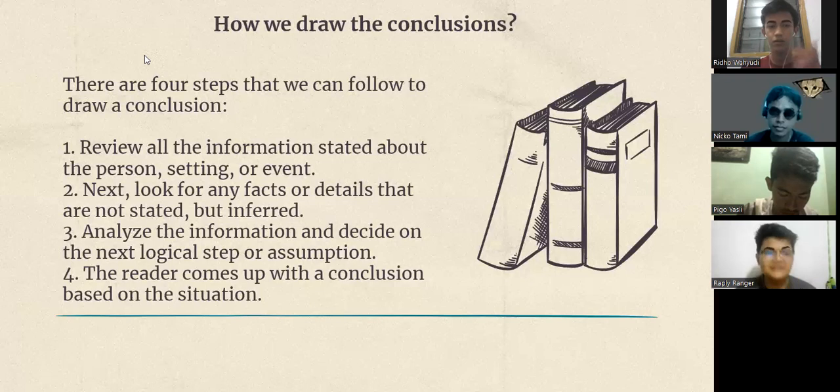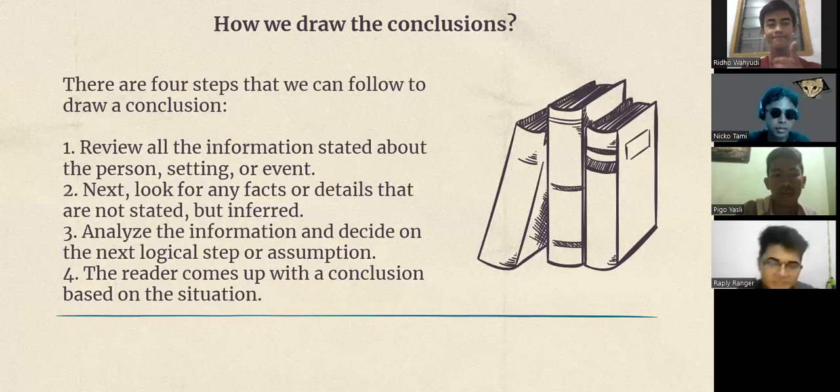The next is to look for any facts or details that are not stated but inferred. The next step is to analyze the information and decide on the next logical steps or assumption. The last one is that the reader comes up with a conclusion based on the situation.